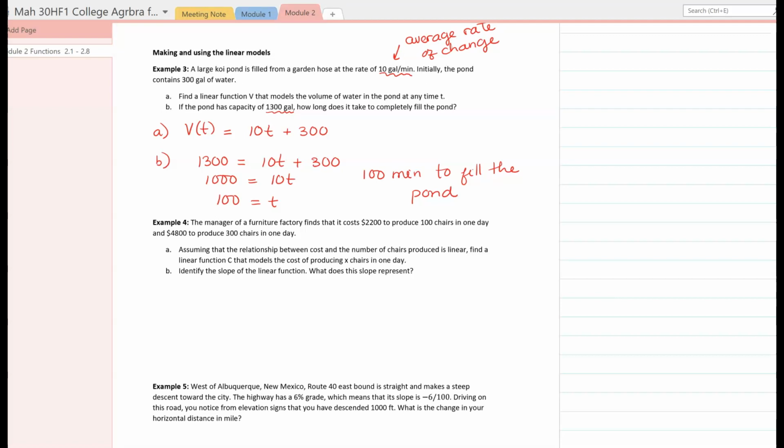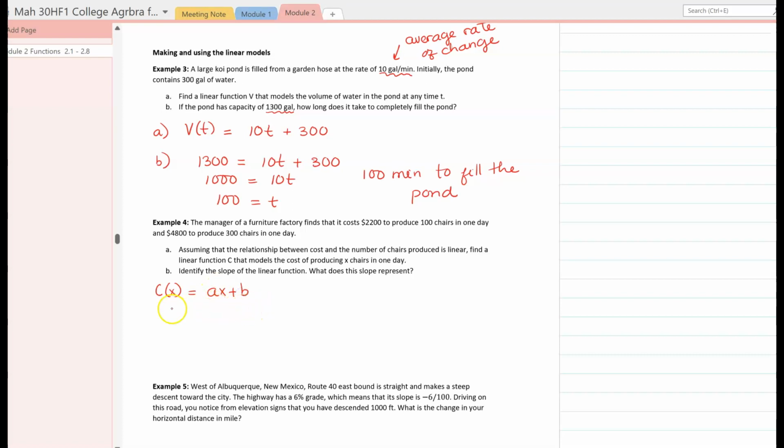So here we are given the information to calculate the rate of change. The cost increases with each chair produced per day, and we don't know the initial cost. So we want to look for a function c of x, where x is the number of chairs, equal to ax plus b.